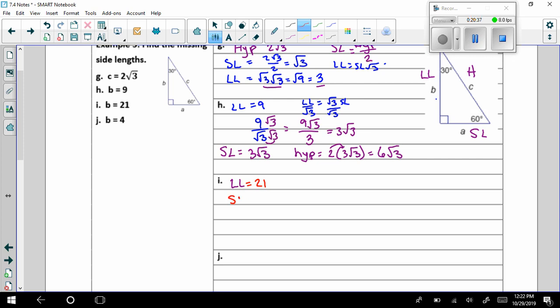So to get our short leg, we're going to do 21 divided by square root of 3. So I'm going to rationalize that. So I have 21 root 3 over 3, which would then be 7 root 3. Hypotenuse doubles that. So 14 root 3.